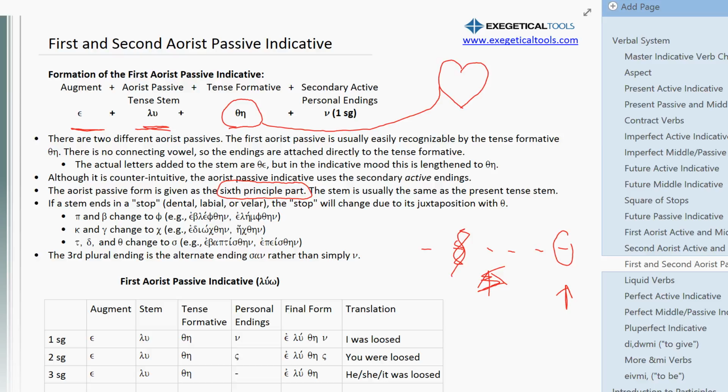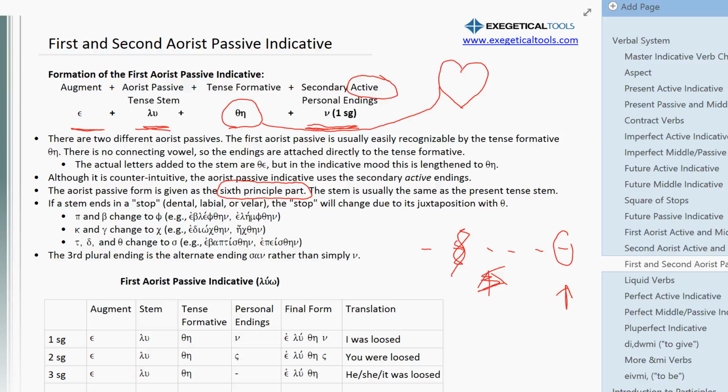And then we're going to have the secondary active personal endings. Now that's not a typo. It is the secondary active personal endings. There's a long and complicated reason for that as far as how the language developed diachronically, and you can dig it up in Smyth's grammar if you want, but the explanation still doesn't make much sense to me after I looked at it for a while, so somebody could probably explain it to you better than I could.